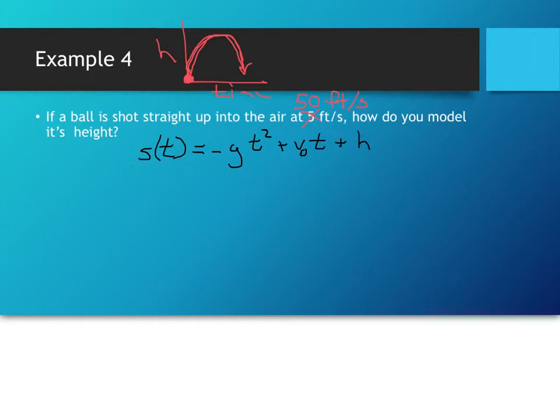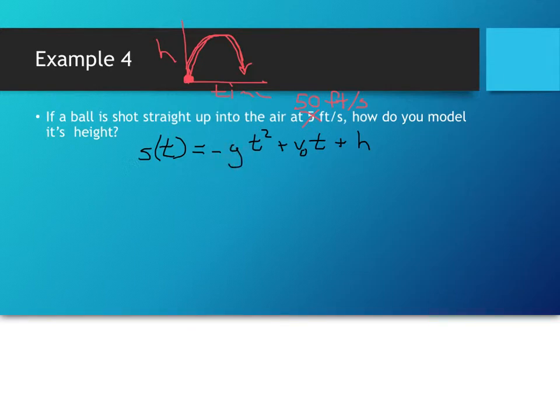So, by the way, this gravity constant is either going to be in feet or meters. And if you're using meters, you use the 4.9, so you get a negative 4.9 up front. If you use feet, which is what we have, then you're going to use negative 16.